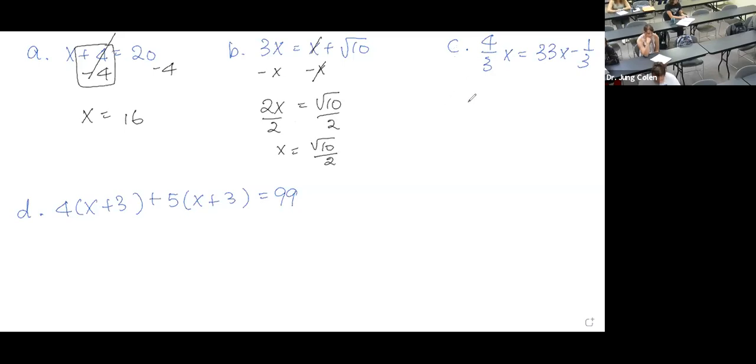How about trying C? Anybody here? There are several strategies. So what's your strategy? How many of you changed everything to fractions with 1/3? Nobody? And how did you do? Madison, go ahead. I have no idea on this one. Jalen?